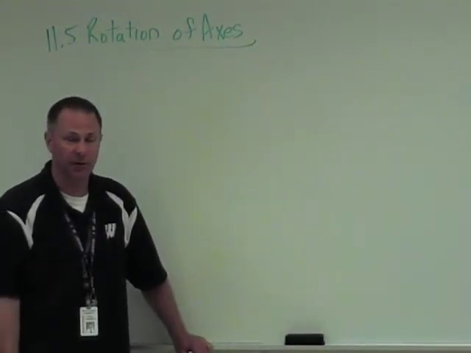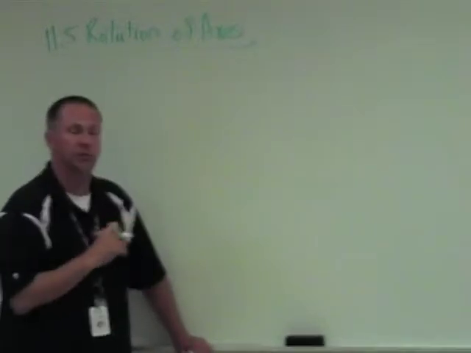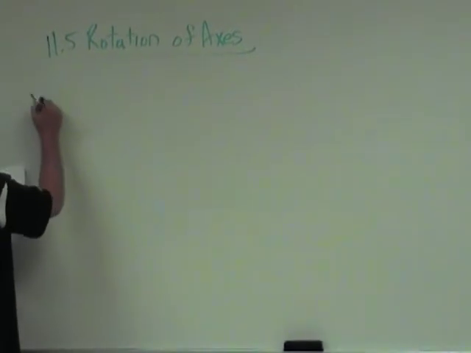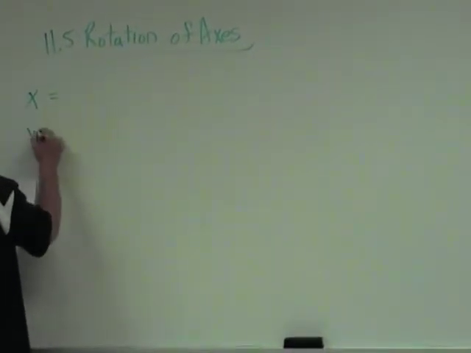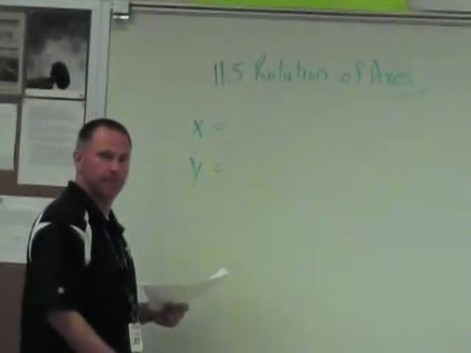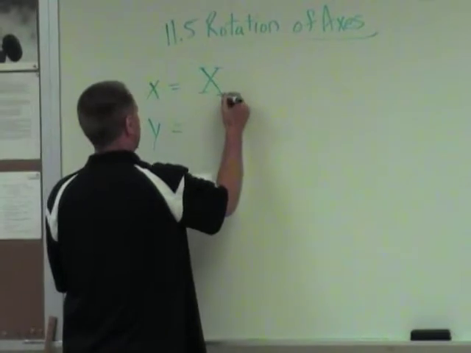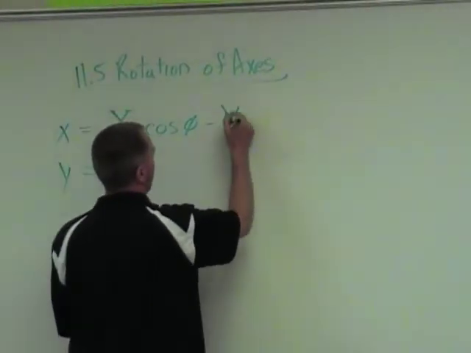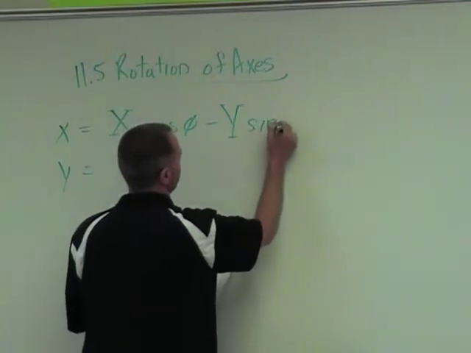Okay, now, your reference sheet. I'm going to give you a big chunk of what should be on your reference sheet. You ready? So, X and Y, those are your coordinates that we're dealing with. Capital X cosine of phi minus capital Y sine of phi.